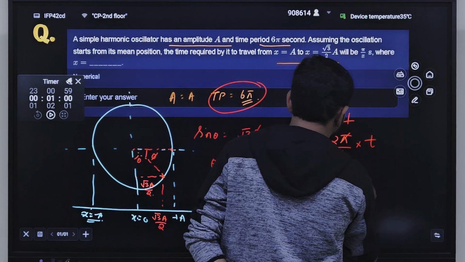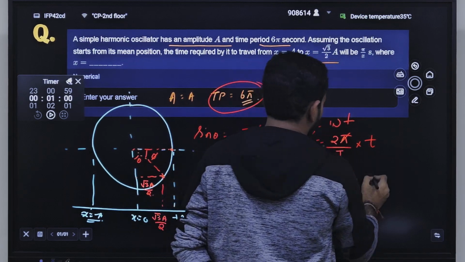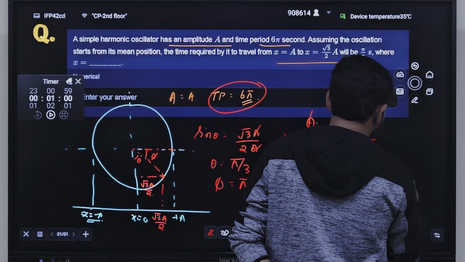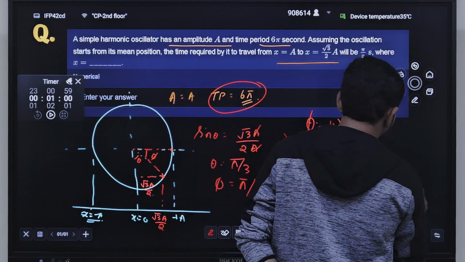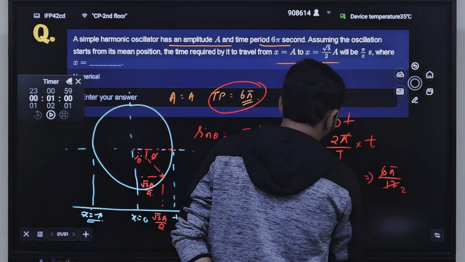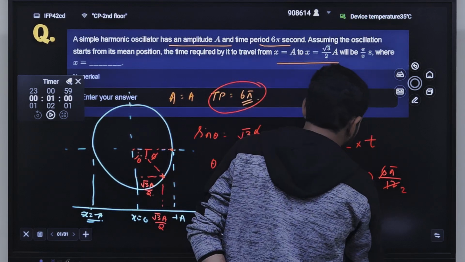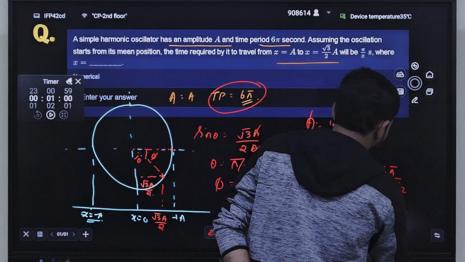Here you will get t by 12, and time is 6 pi divided by 12. This is 2. T will be equal to pi by 2 seconds. And the answer that is given is pi by x, so x will be equal to 2.